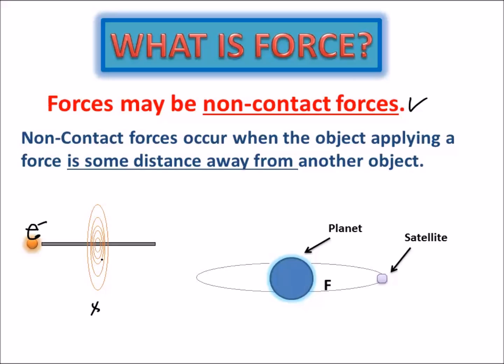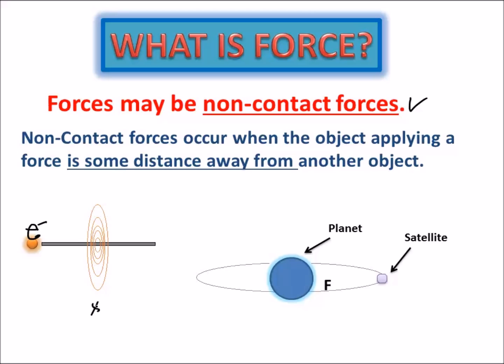Nothing is touching it. It can either attract it or repel it, depending on which direction the electron is moving. And so, since there's a vast distance, nothing is coming in contact with this object over here. It's referred to as a non-contact force.